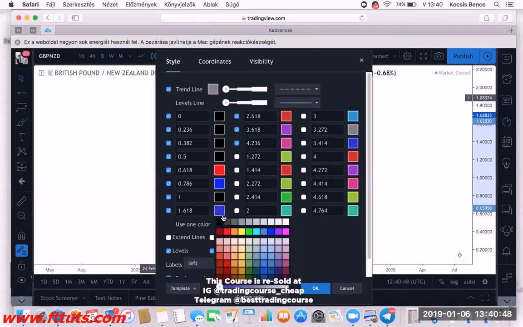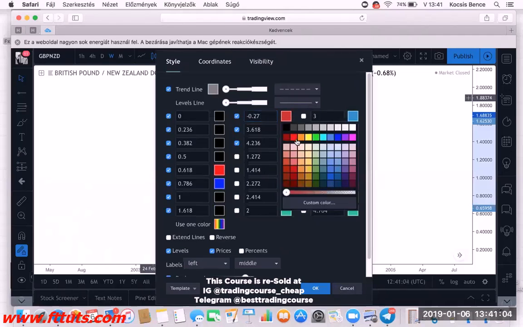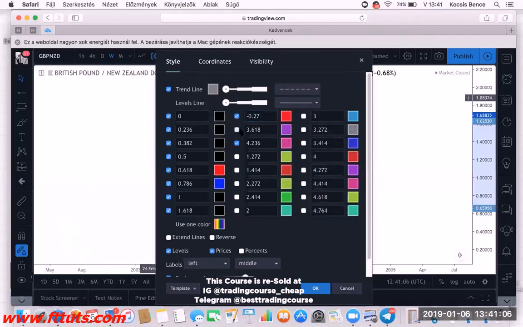1.618, so it's black. We do not use the 2.68. We need to change the number to minus 0.27, and it's an important number, so it's red. The other one is minus 0.68, it's black.